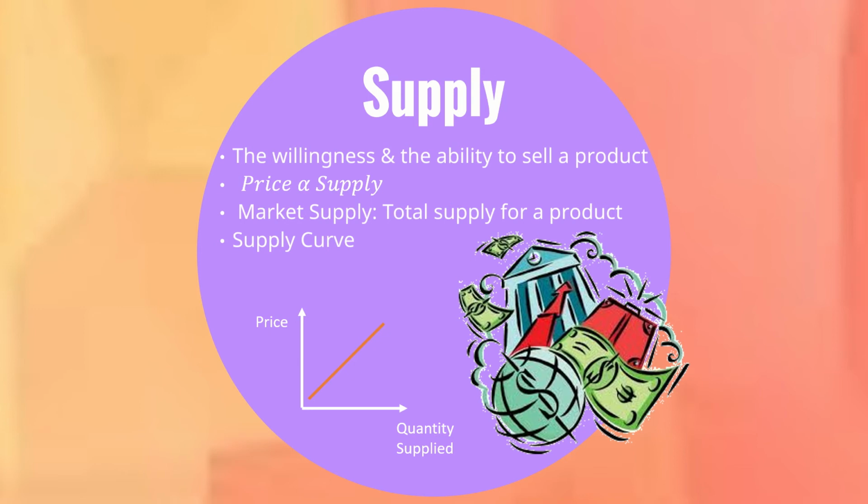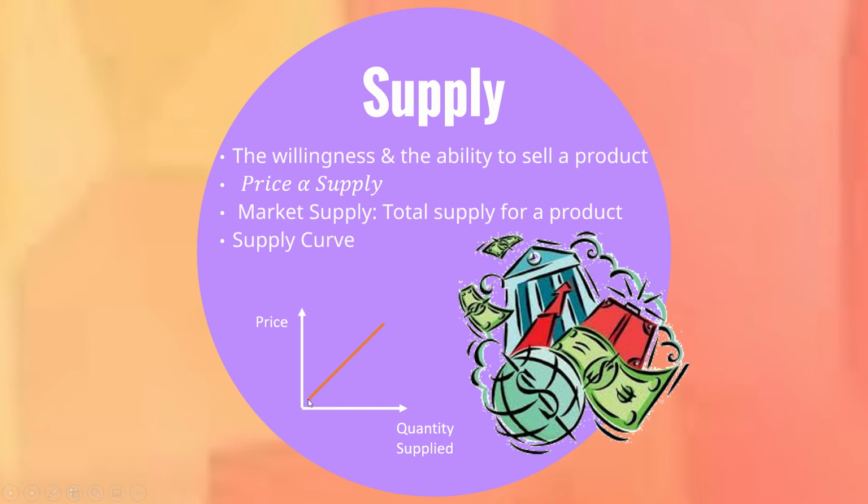So this is the general supply curve, or the graph that you can see. On its y-axis we have price. Always on the y-axis we have price or anything monetary, and on the x-axis we have the quantity of goods or products supplied, so quantity supplied.